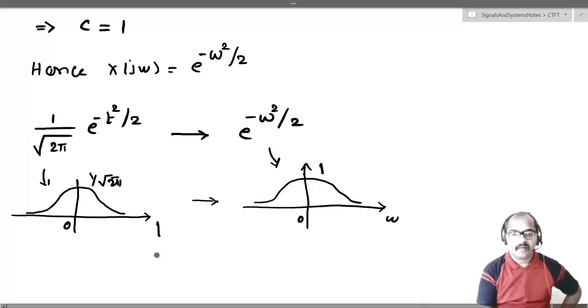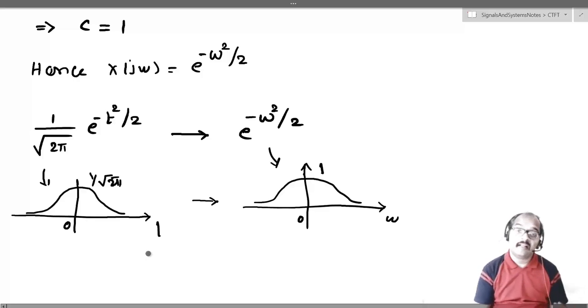But what is important is that the Gaussian will have itself as the Fourier transform. Which signal will have itself as a Fourier transform? One more example: if you remember, we have proved that a periodic impulse train also will have itself as the Fourier transform.